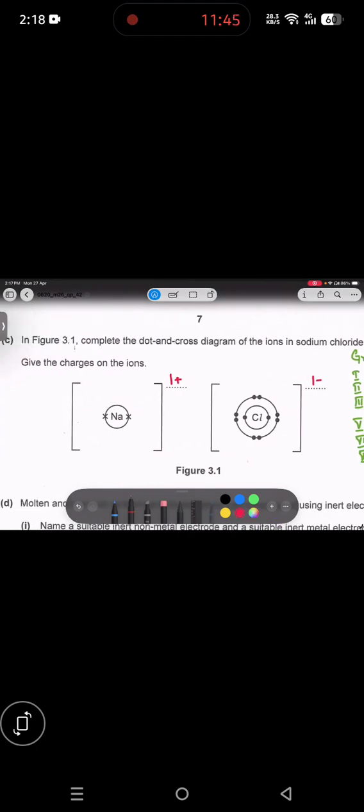Okay. Sodium outer shell with the crosses: 1, 2, 3, 4, 5, 6, 7, and 8. Now chlorine: 1, 2, 3, 4, 5, 6, 7, and cross.